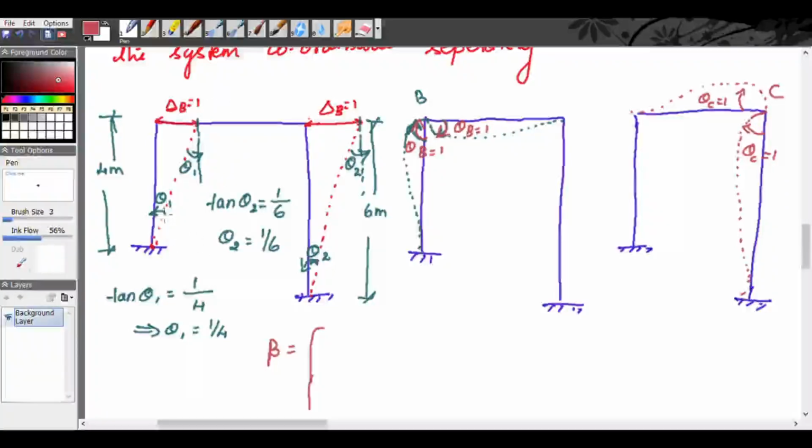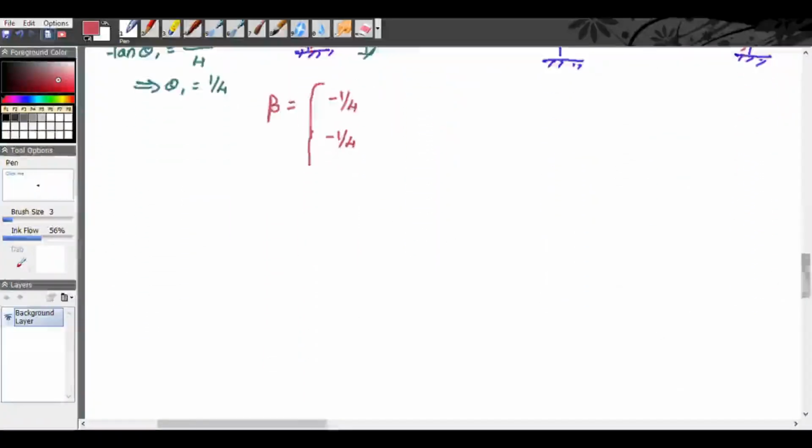So your beta matrix will be 1 by 4, 1 by 4, 0, 0, then theta 2, theta 2. That is minus 1 by 6, minus 1 by 6. Here also it is minus 1 by 4, minus 1 by 4 because it is anti-clockwise. So it is minus 1 by 4, minus 1 by 4, 0, 0, minus 1 by 6, minus 1 by 6.